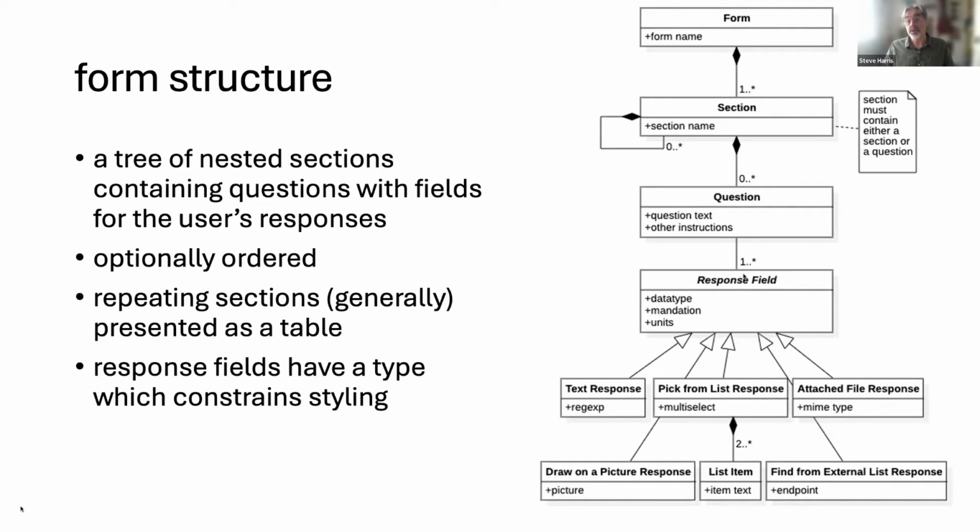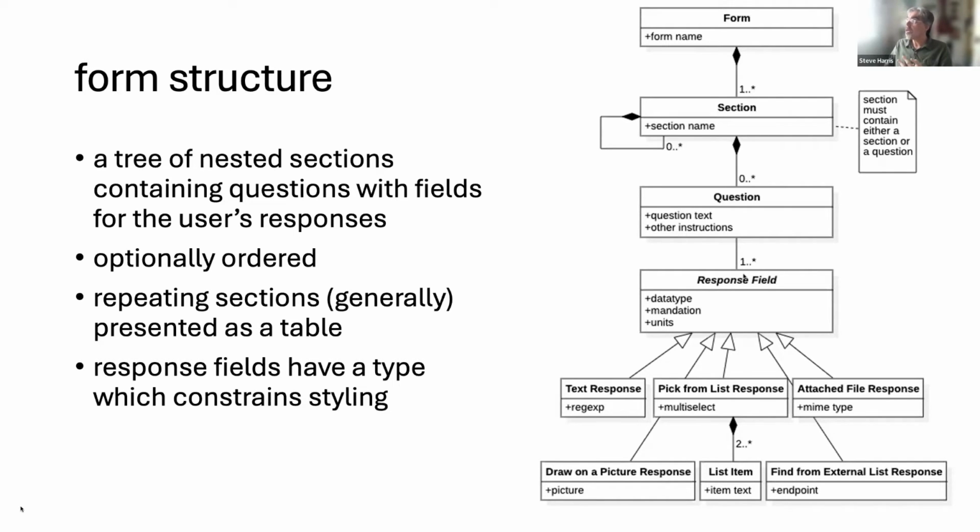Questions have responses, they have answers, but in the model of the form, what you're doing is defining the kind of field into which the answer will be put. So you want to know things like data type. You want to know whether it's an optional question or a mandated question.